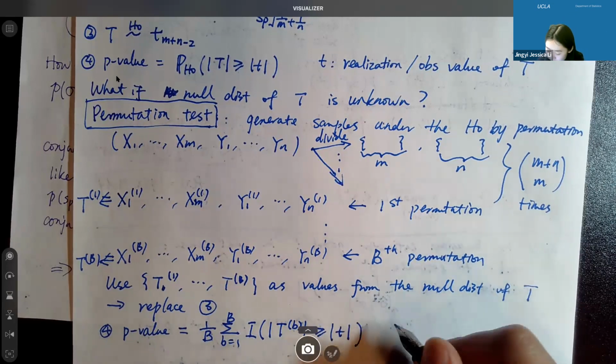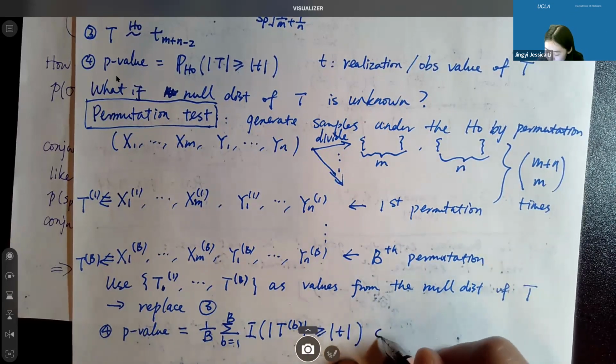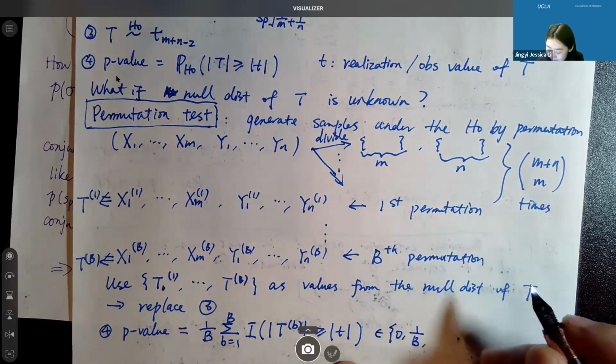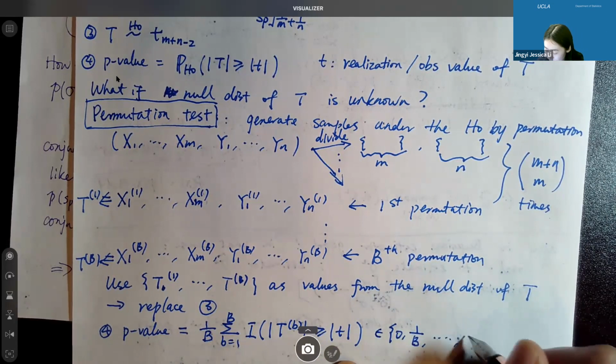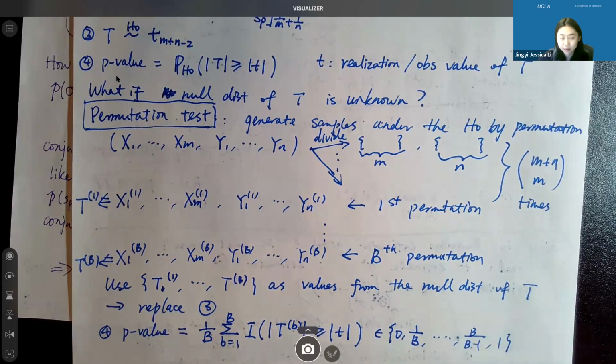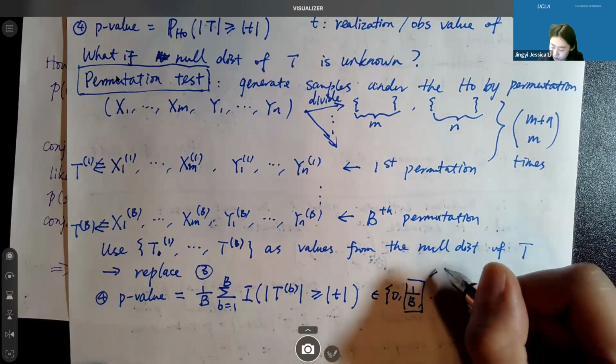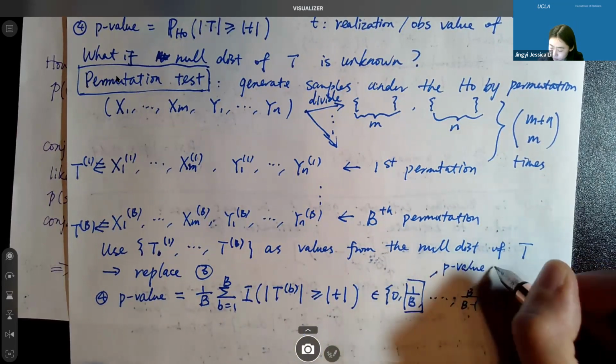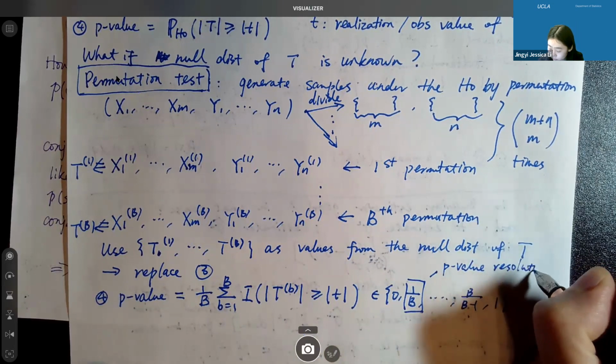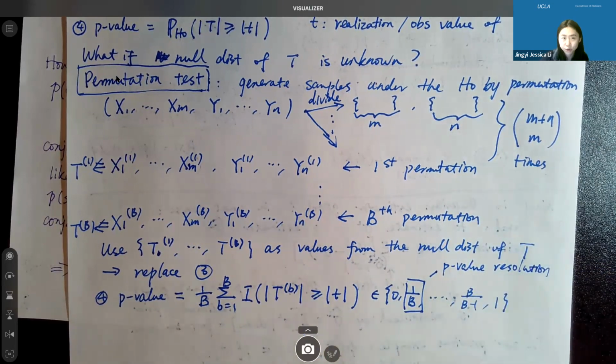In other words, the values this can take are 0, 1 over B, and up to B over B, which is 1. These are all the possible values, and this is what we call the p-value resolution. In this regard, which we'll see very soon, the smaller the resolution, the better.